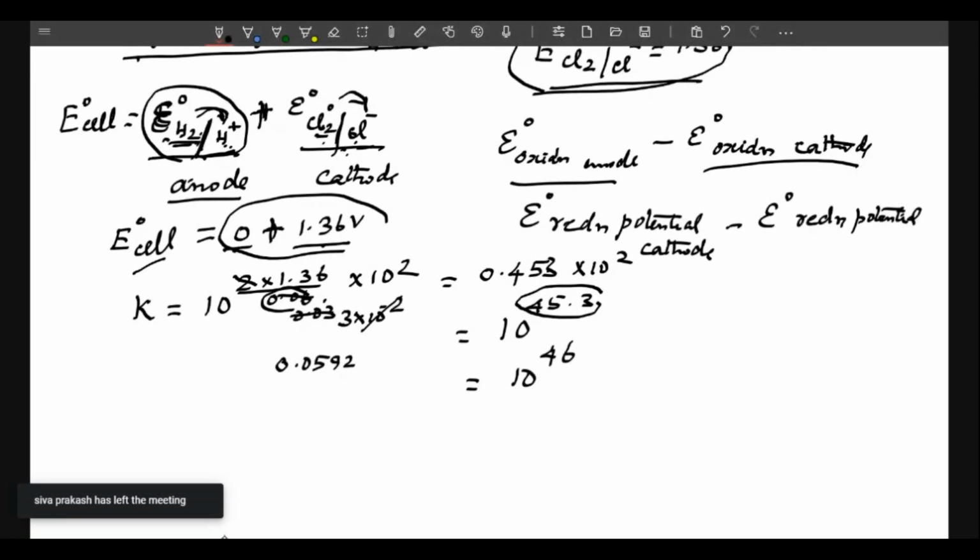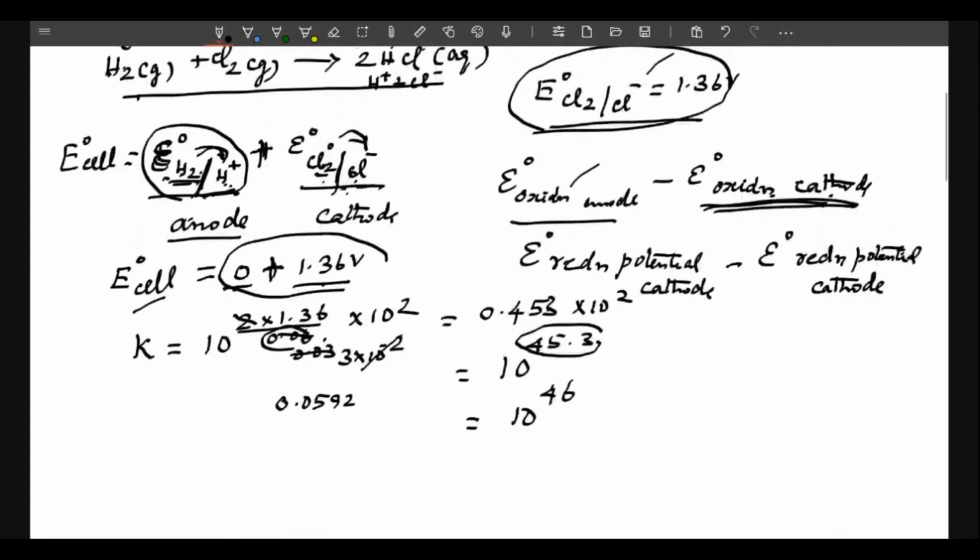These are all leading to confusion to you. Therefore, I want you to follow the oxidation potential value. If you put anode oxidation, and here if you put the oxidation potential, then you have to write minus of oxidation. But here which process is taking place? Reduction is taking place. Or simply convert into reduction, just to plus it.